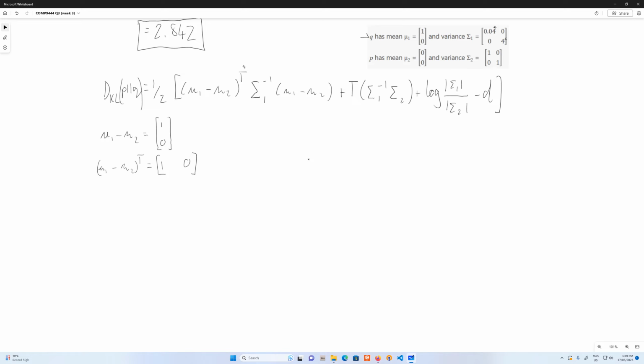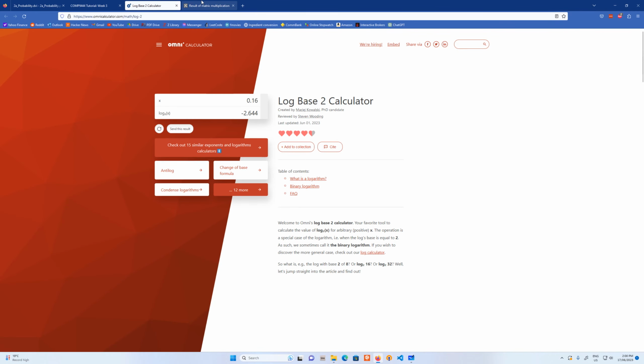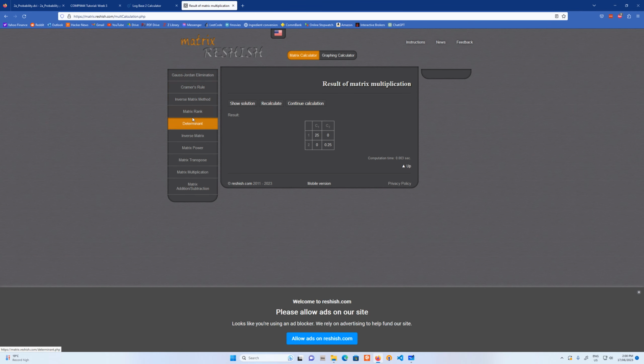Cool. We also need the inverse of the covariance matrix for Q. I'm going to use an online calculator to do that one. We could do it by hand, it would just take a lot longer. So how about we just do this?